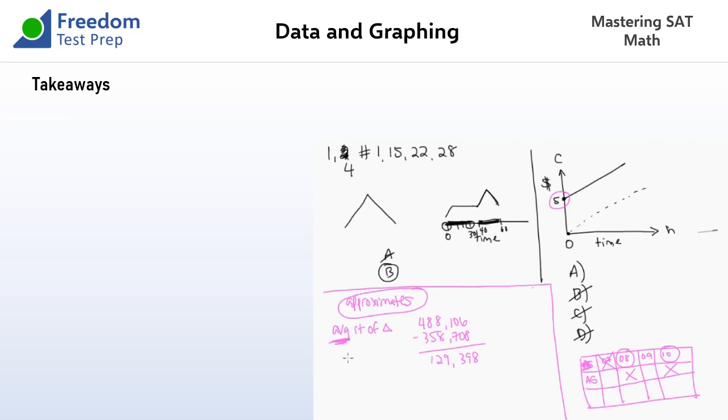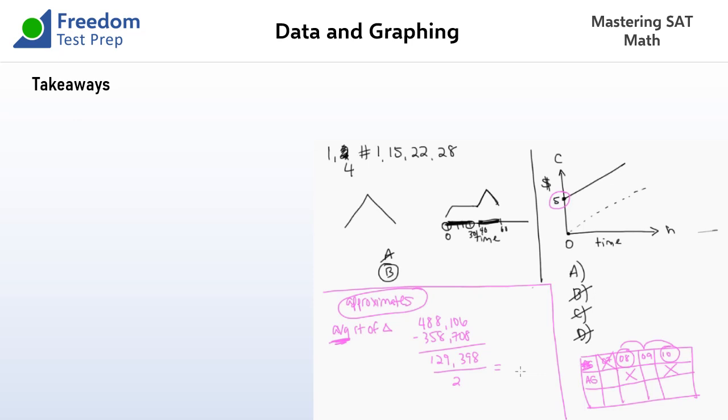The average rate of change means average. So we have two numbers. We're going to divide this by 2. It's the average over the 2 years from 2008 to 2010. And if we divide, let's see, I'm just grabbing my calculator here.